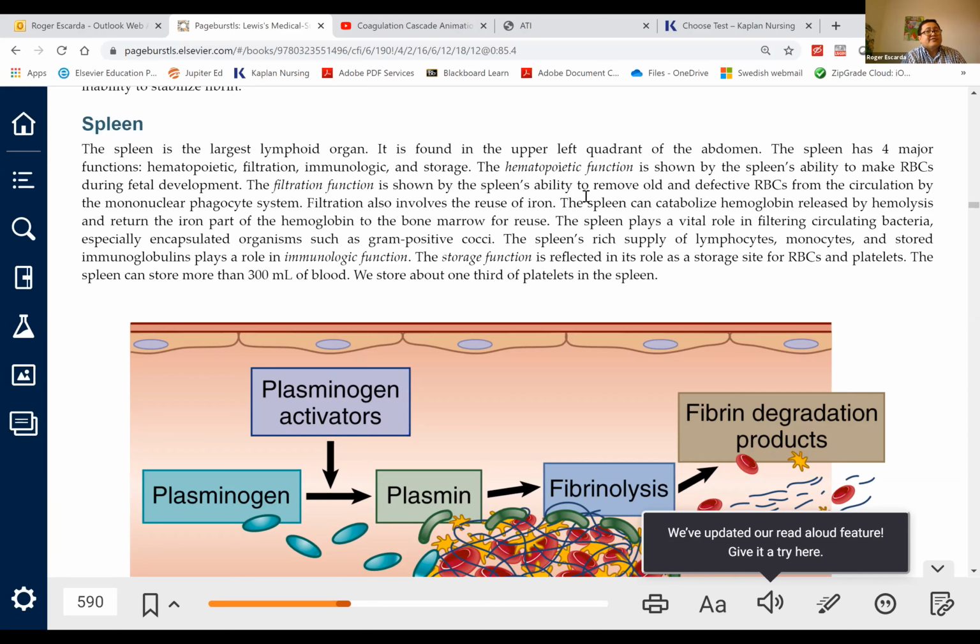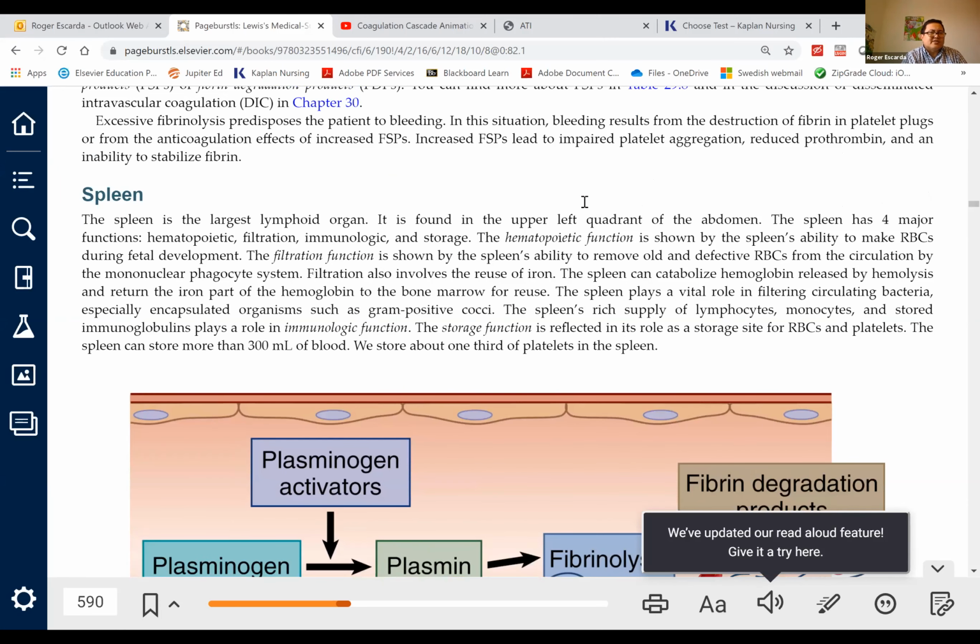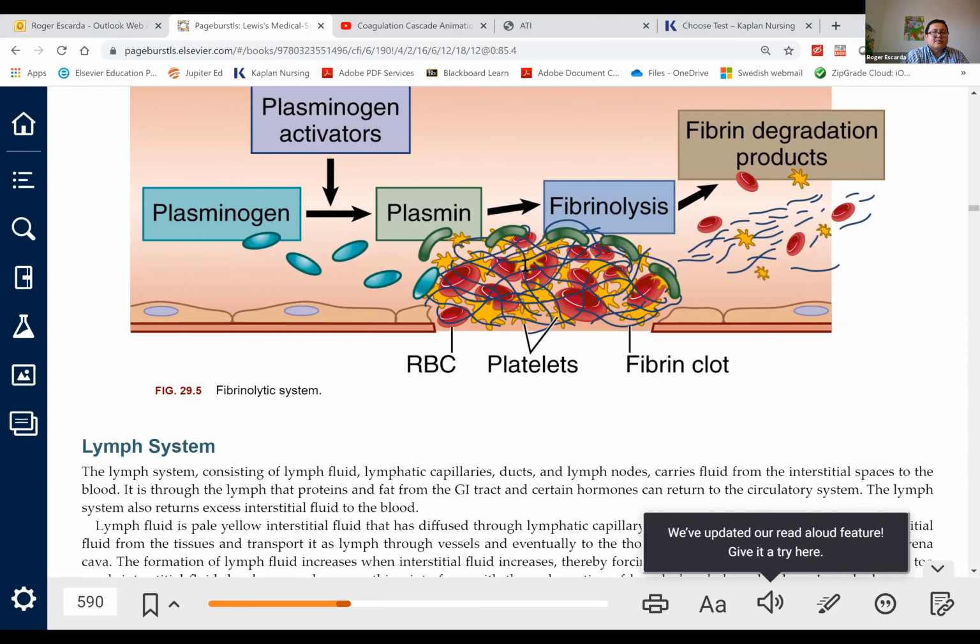So it's better off that we remove the spleen so that it stops destroying your platelets. Of course, that is one option in autoimmune disorders. That would be a last resort because the spleen also performs other functions besides the one I mentioned.